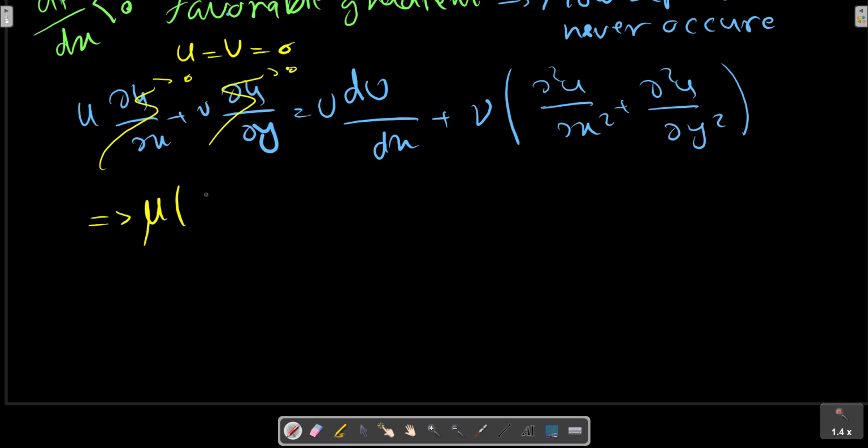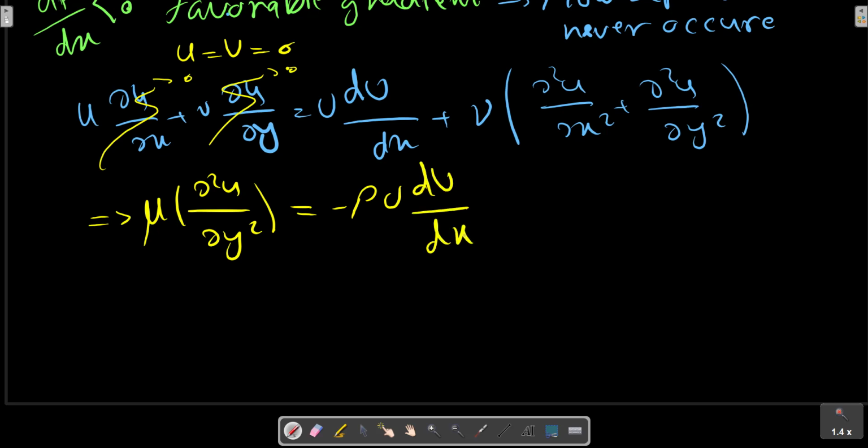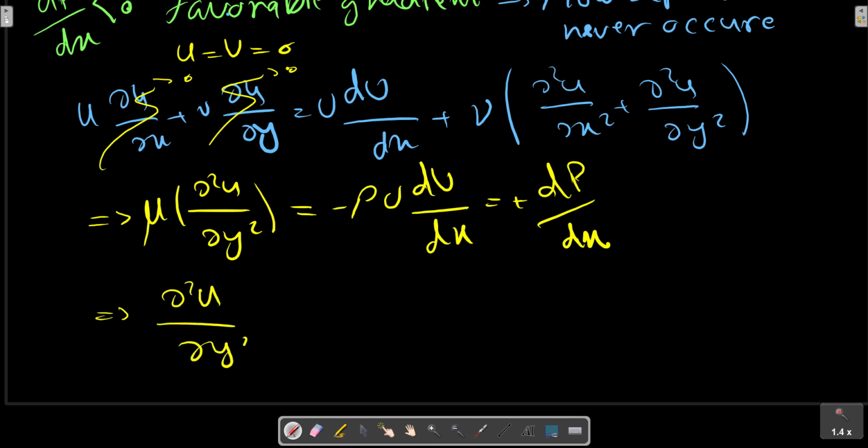Mu times the second derivative of u with respect to y equals rho u du/dx minus rho u, which equals dp/dx. Then finally we have this relation for the velocity profile, for either laminar or turbulent flow.